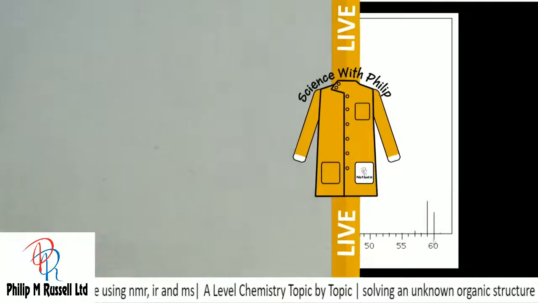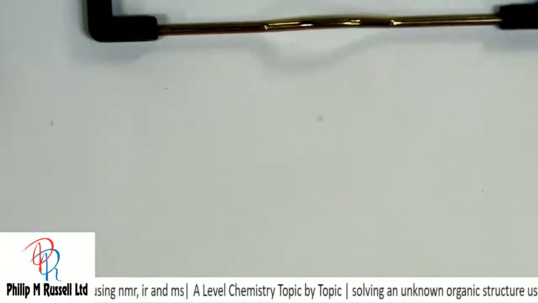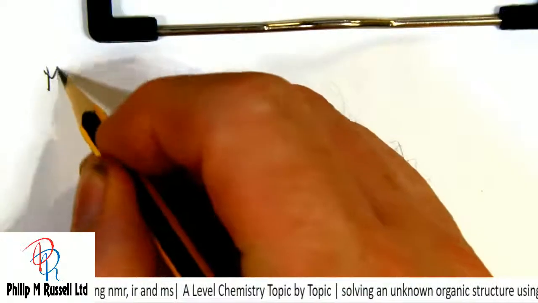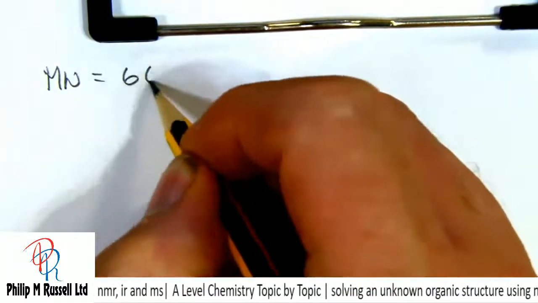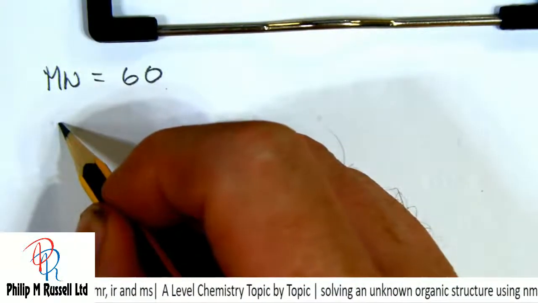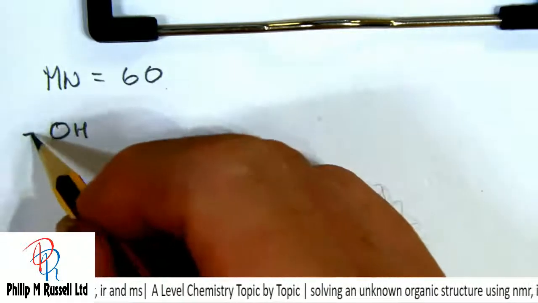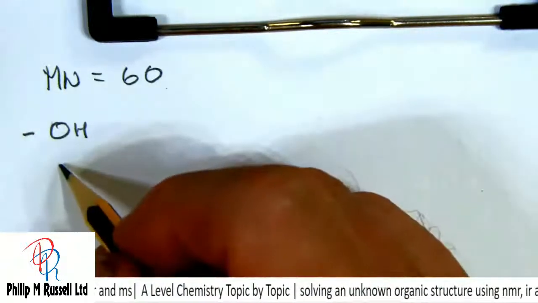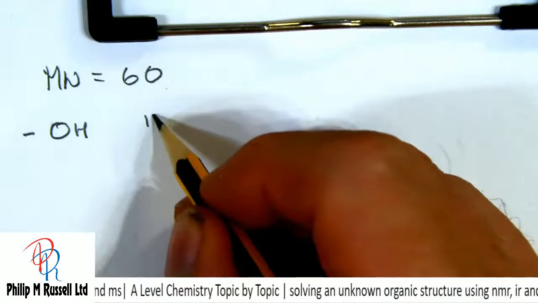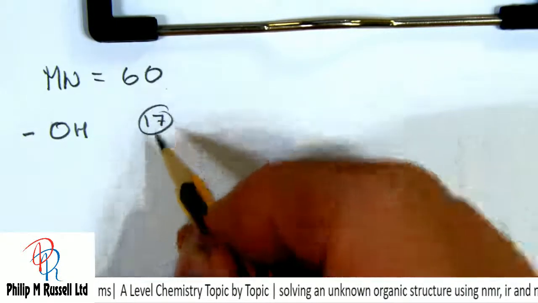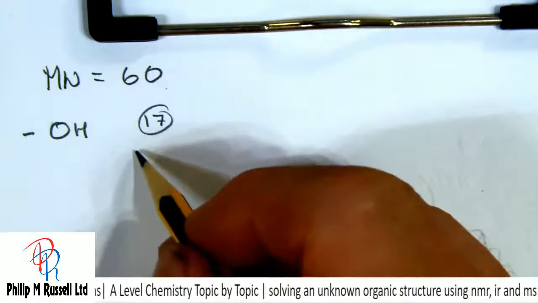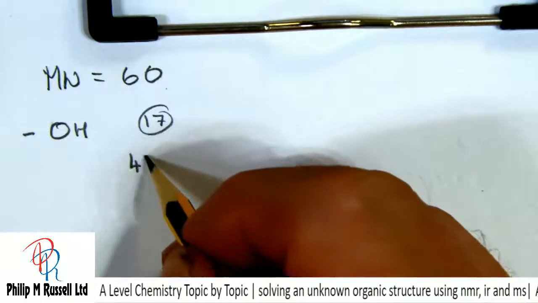So let's write a few facts down to start us off. Molecular weight 60. We know we've got an OH group, and that is 17, so you can cheat and do 60 minus 17. So that's going to give us 43.